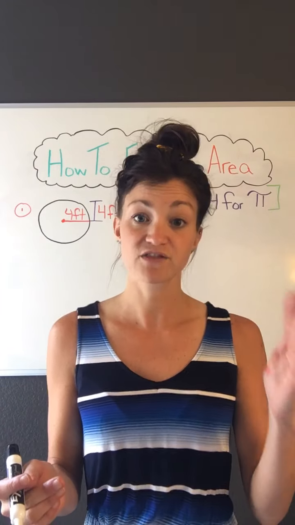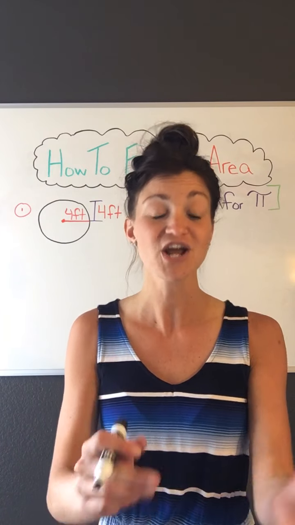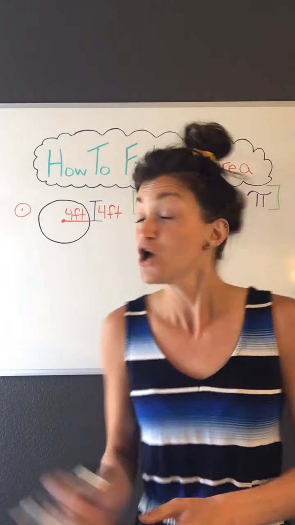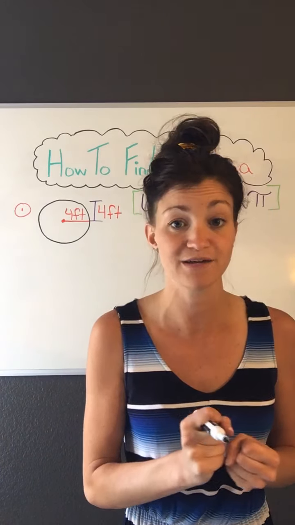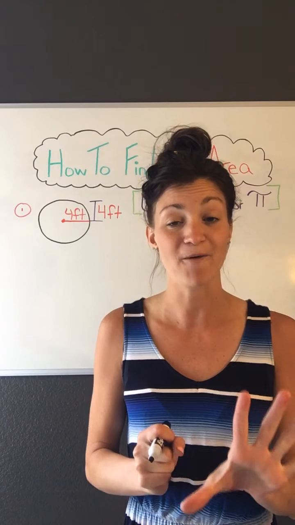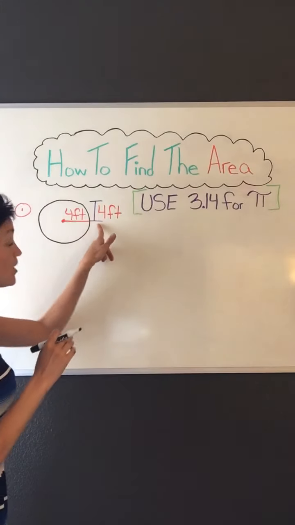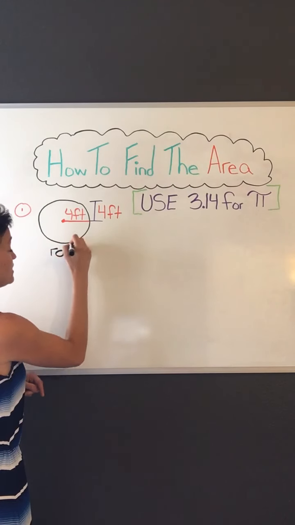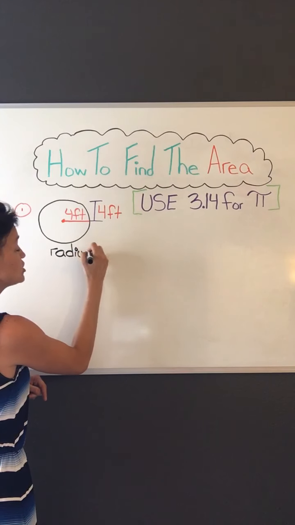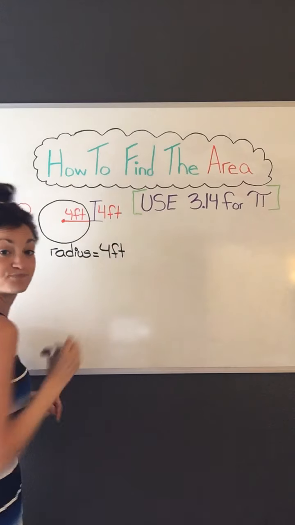That way, as I'm reading the directions, everything is easy, accessible in reach, and I have them for easy use. So I like to do the same thing when we're working with math problems to pull out the key information. That way it's very easy for us to visually see it. So once again, this line is halfway through the circle, so we're just going to document right here. That way it'll be easiest for us later. The radius in this particular problem is 4 feet long, okay?